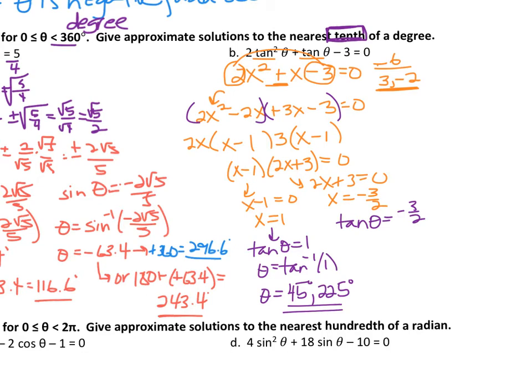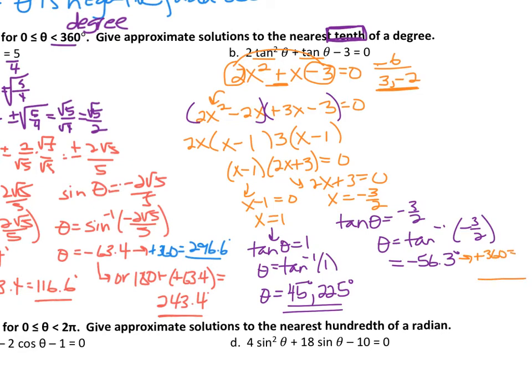However, for negative 3/2, that's not one of our specific unit circle locations. This one we'll enter in on our calculator. Again, be in degree mode. We'll switch to radians in just a moment. If we take tan inverse of negative 3/2, we should get negative 56.3 degrees. And the first thing you want to do is make that coterminal. We'll add 360 to it.